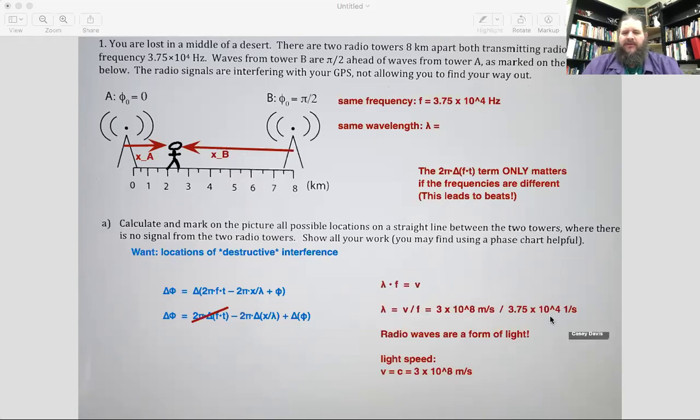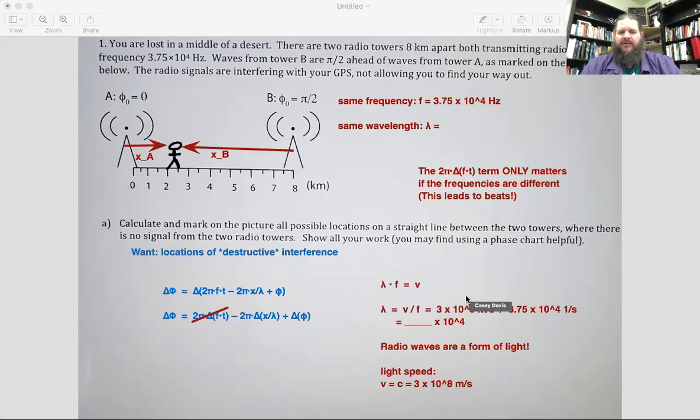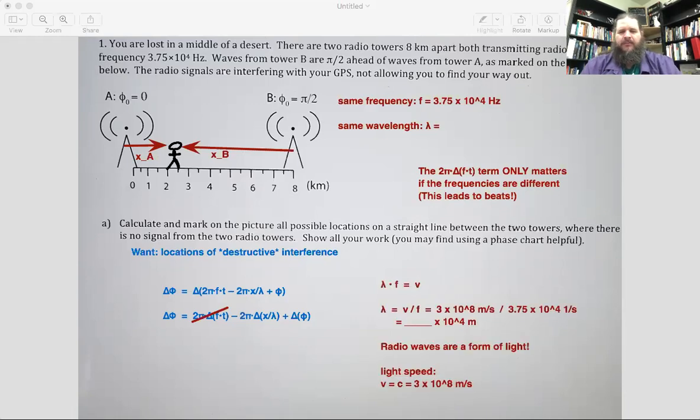And we can reduce this. First of all, the 10 to a power. What's 10 to the 8th divided by 10 to the 4th? Yeah, we can just subtract the exponents, 8 minus 4, we're left with times 10 to the 4th. Meters per second divided by inverse seconds, the seconds cancel out, so we just get meters.